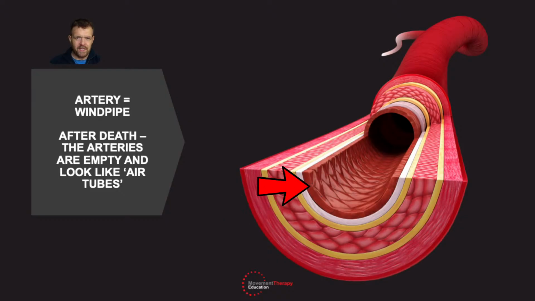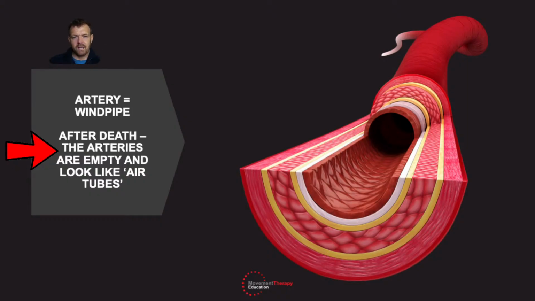So just a little bit of a recap about where the name comes from as well. So artery means a windpipe. And that's what, in the olden days, before we knew what arteries do, that's what anatomists thought arteries were. They thought they were windpipes because after death the arteries are empty, because obviously there's no pumping of blood.